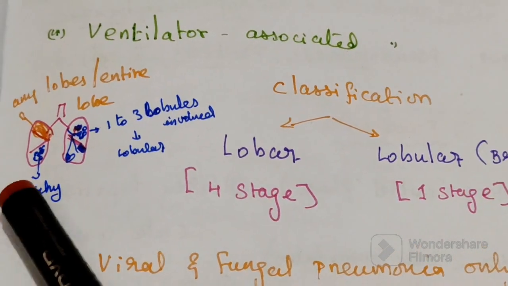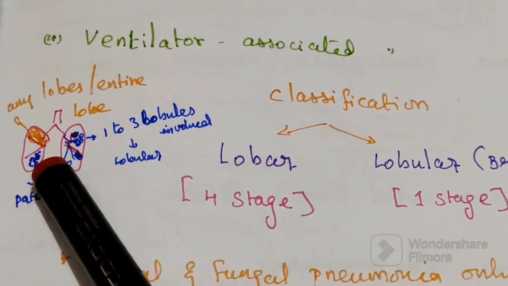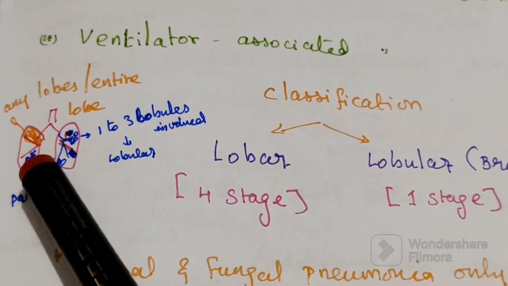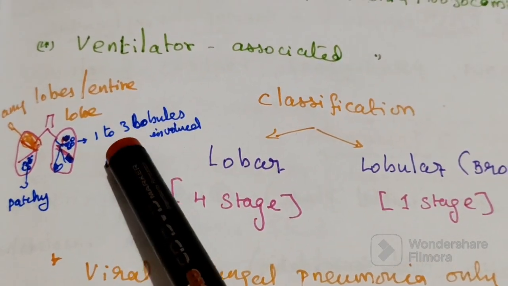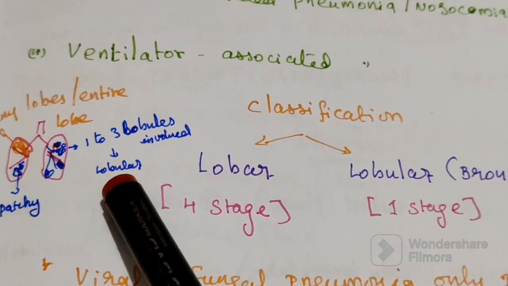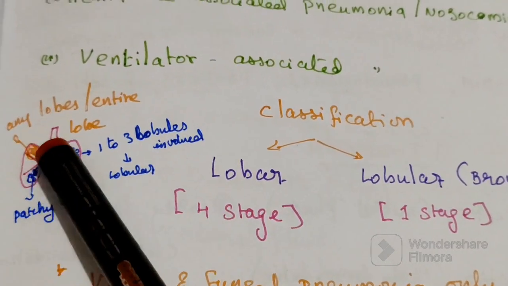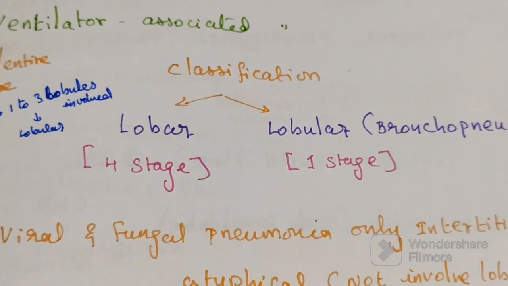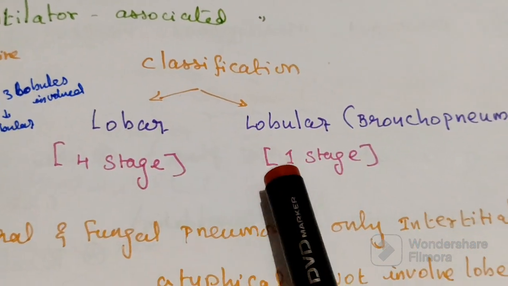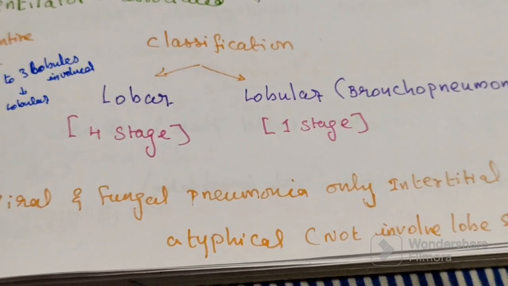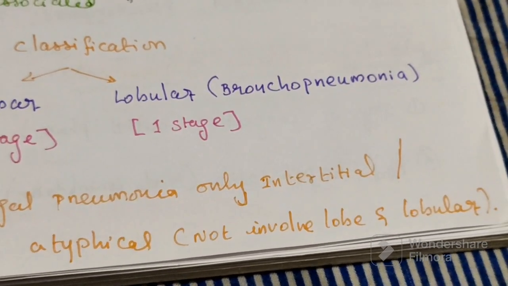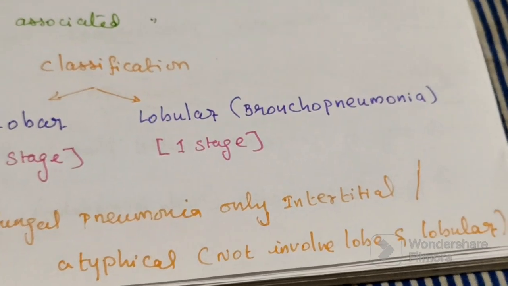So this one is the lobe, any lobe or the entire lobe. This one is patchy. 1, 2, 3 lobes involved. This one is lobular pneumonia. This upper part, this one is the lobes. So lobar 4 stages, lobular 1 stage. Viral and fungal pneumonia are only interstitial, not involving lobes and lobules.